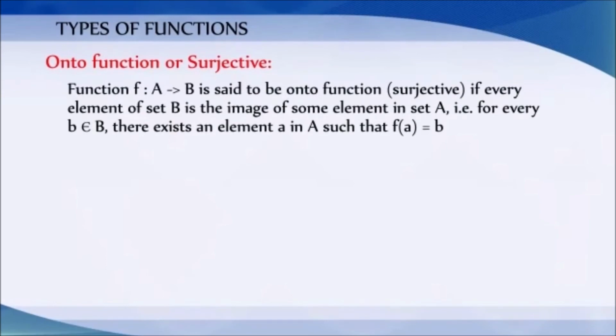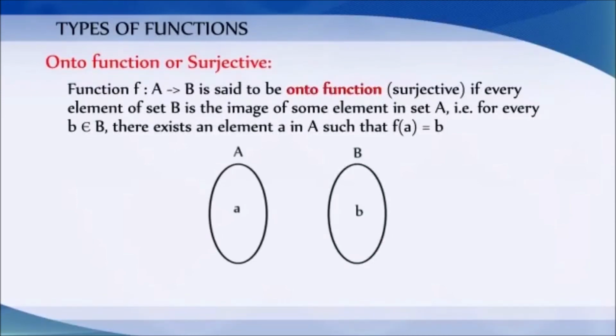Onto function. A function f from a set A to the set B is said to be onto or surjective function if every element of set B is the image of some element in set A. That is, for every small b belongs to capital B, there exists an element small a in capital A such that f of a is equal to b.